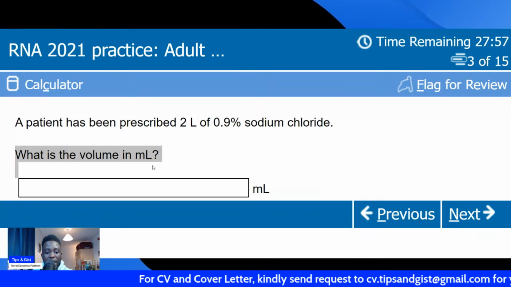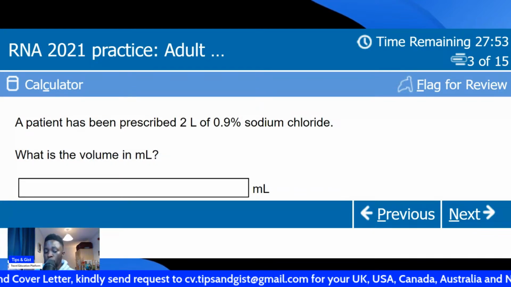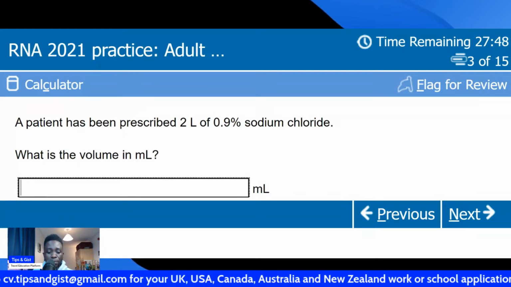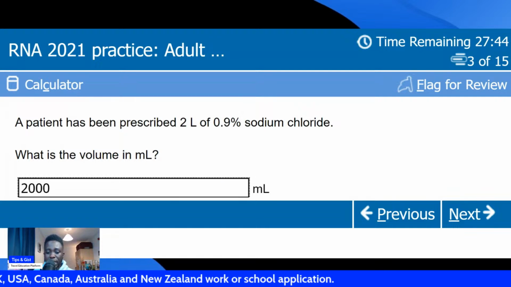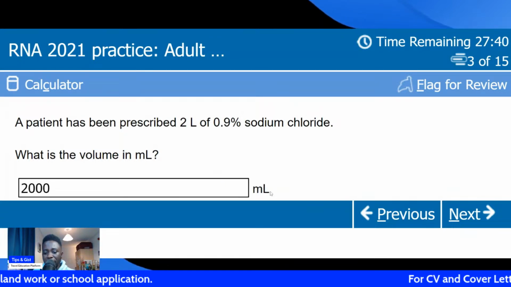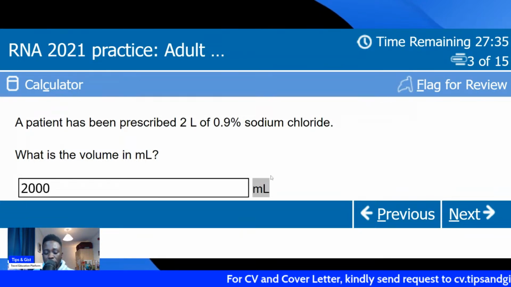Now, they are saying that convert that liters to mL. And I told you that 1,000 mL is 1 liter. Therefore, 2,000 mL is 2 liters. It's a simple calculation. So you type your 2,000 over there because they've written the mL for you here. So always look into the box and see if nothing is there, you have to type it. If something is there, you have to leave it. So that is also another trick.